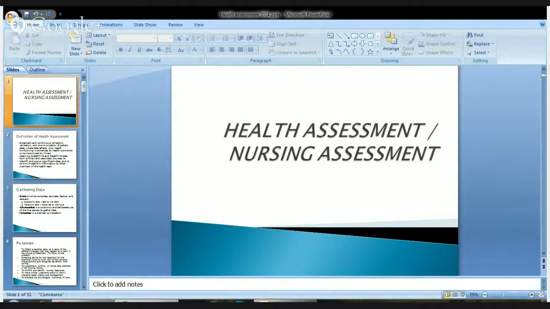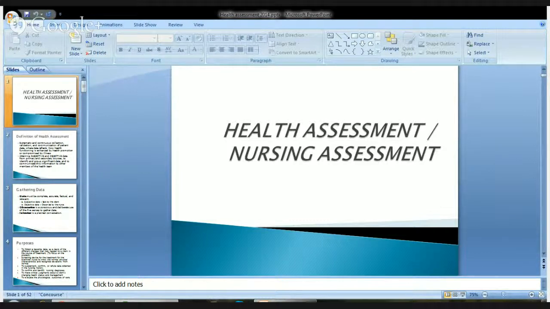So, I would also like to differentiate between the medical and the nursing assessment. With the medical assessment, this will target data pointing to pathologic conditions, while your nursing assessment focuses on the patient's responses to health problems.